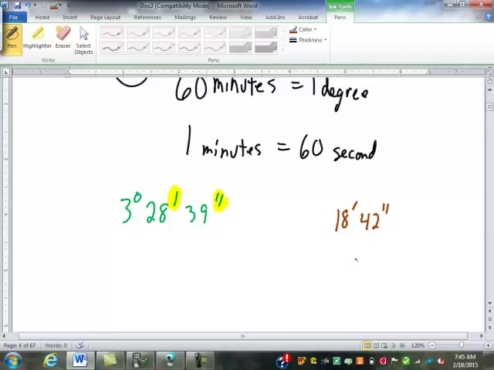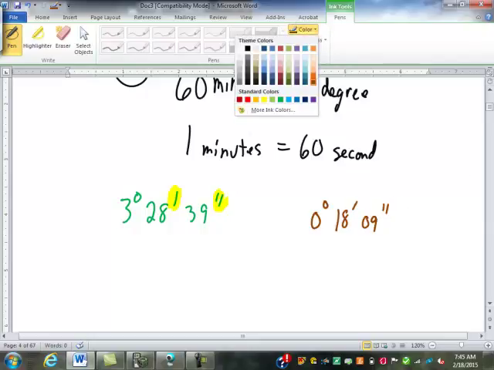That 18 feet, 42 inches probably is the giveaway. Let's say I do it like this. Is that 18 feet, 9 inches? Well, to make sure you knew that that was degrees, minutes, seconds, we would put 0 degrees in front of it just to signify it. Now you know that that's an angle, not feet and inches.